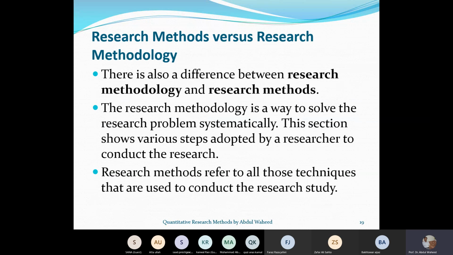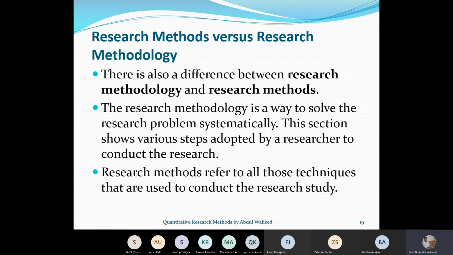Then there is a difference between research method and research methodology. Okay, research methodology is a way to solve the research problem systematically. So we will define all steps to solve a particular problem in case of research methodology.